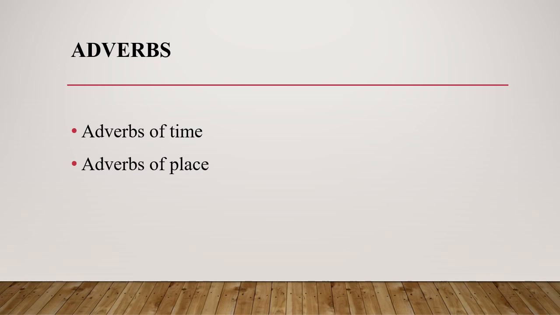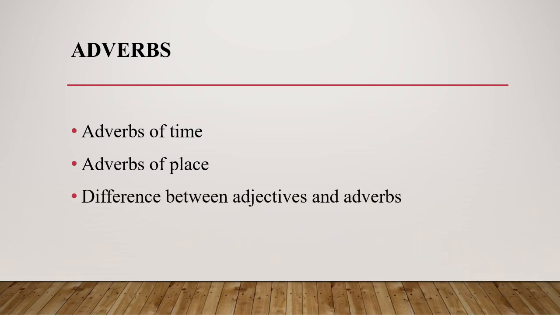An adverb can express time, adverbs of time, for example, yesterday, tomorrow, always, sometimes. Adverbs can be adverbs of place, like on, over, and so on. Adverbs usually are not found in a certain place. They are flexible, some of them. For example, you can say, I always get up at 6.